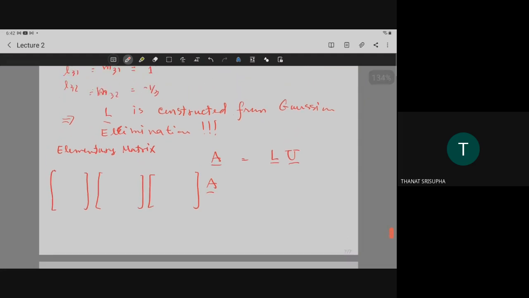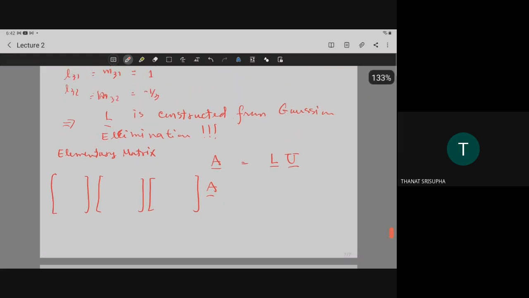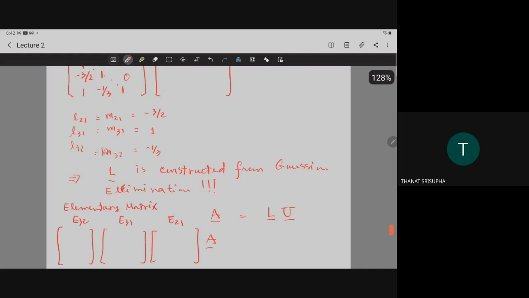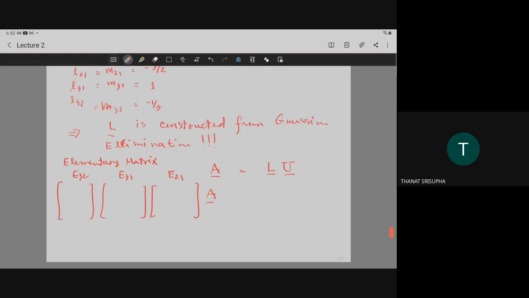So we will multiply with E21, E31, and then E32. Each elementary matrix comes from the coefficients that we looked at earlier, but the coefficients here will slightly change. For example, E21 is the elementary matrix with diagonal as 1.